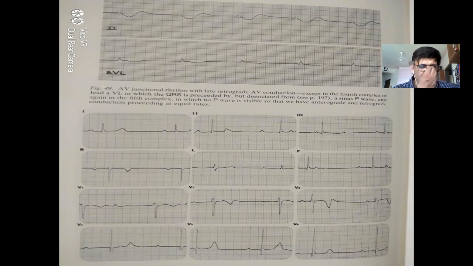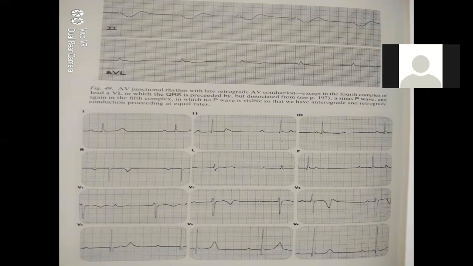In Wenckebach, in every complex the PR interval keeps getting longer. Suppose in the first complex it is 10, in the second complex it becomes 14, in the third it becomes 18, and in the fourth, one complex is lost. Understood? Or repeat?